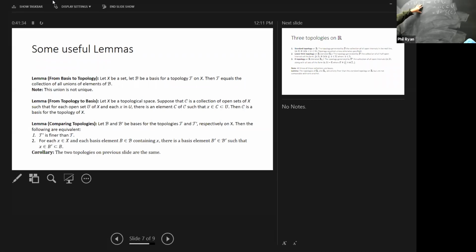So any open set in T is an open set in the topology generated by the basis C. And then conversely, if W is an open set in the topology generated by C, then W equals a union of various elements C alpha, could be arbitrary, by the lemma up here, that the topology generated by a basis is just equal to the collection of unions of elements of that basis.